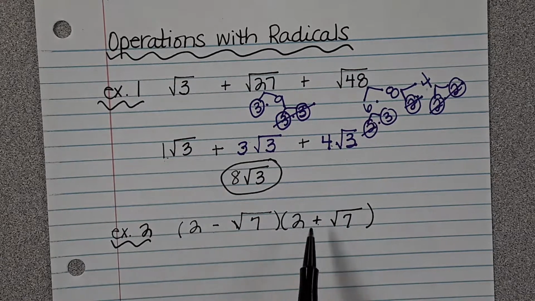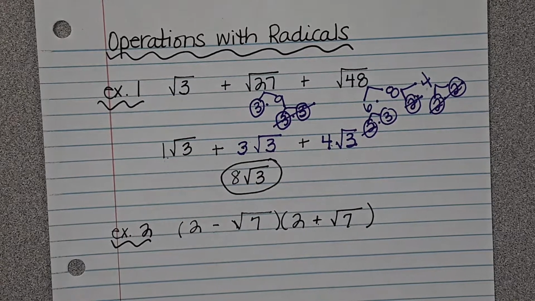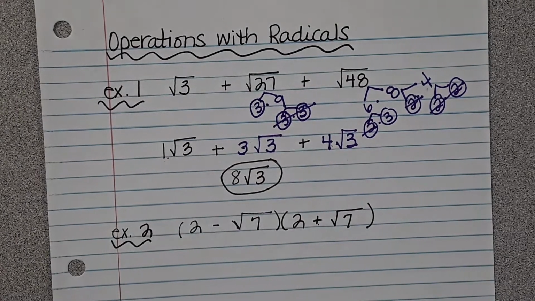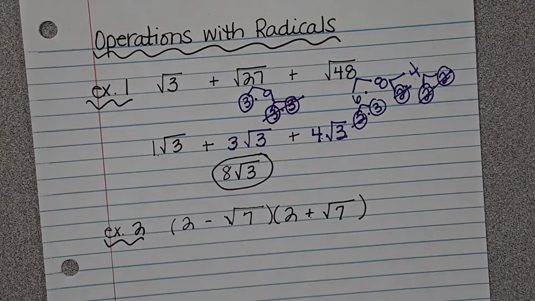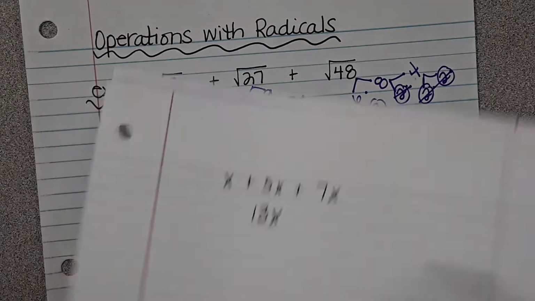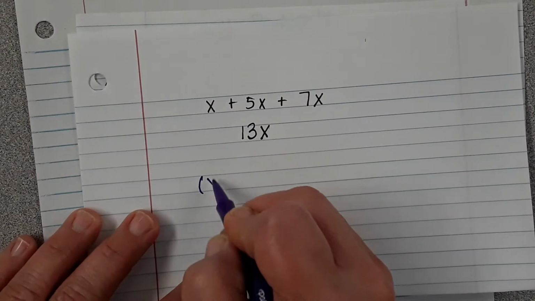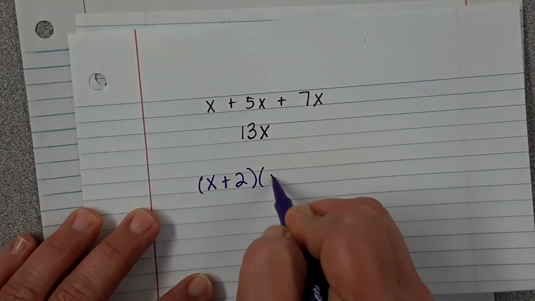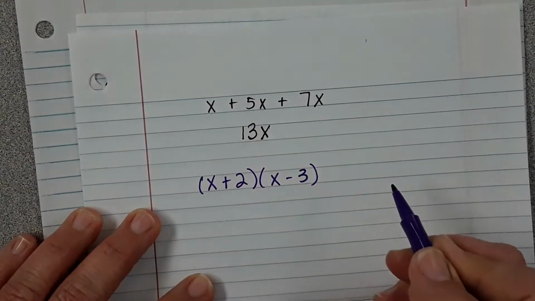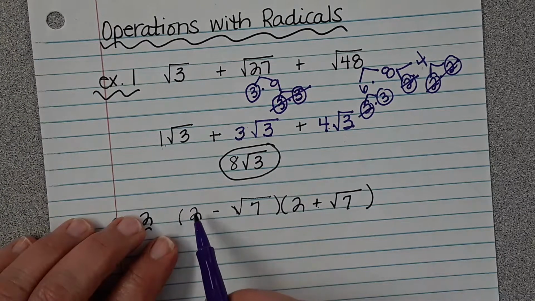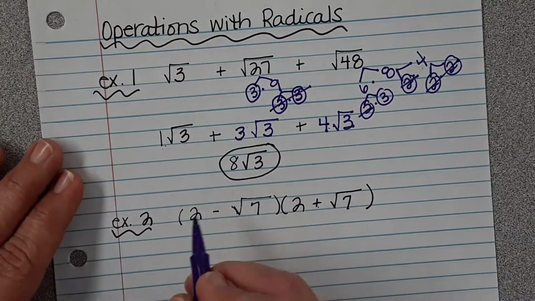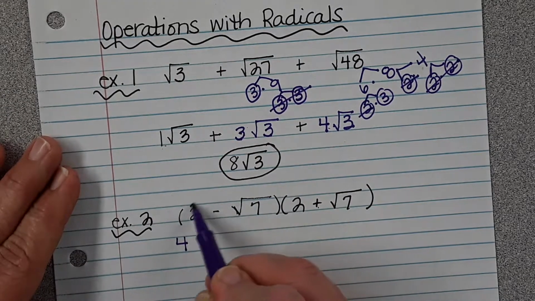These are called conjugates, okay? We're going to use conjugates in part in example 6, but I'm going to teach you how to multiply them now. So you have two things. It's just like, remember when we used to FOIL? It's the same thing. We're going to do 2 times 2, which is 4.